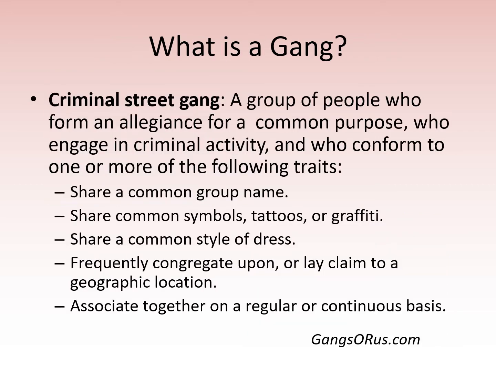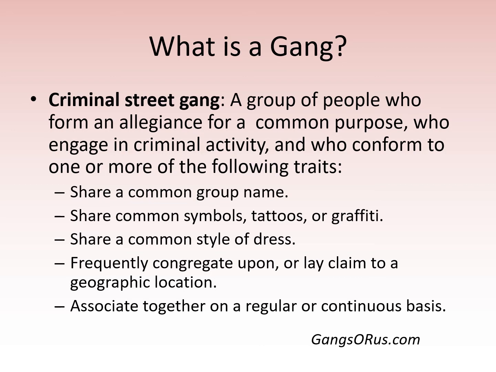So when we talk about a gang, we're actually referring to a criminal street gang, which is simply a group of people who come together in a group, and normally conform to one or more of the following items. They have a common group name. They share symbols or tattoos.